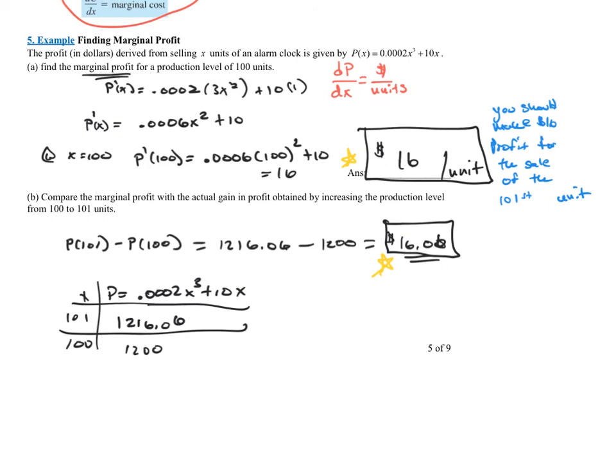The larger the change that you are estimating for, the worse the estimate is. When we're using marginals, we're using estimates really close. If we're estimating sales for a company, we might estimate sales for the next year or the next month or the next week, but we're certainly not going to estimate sales for the next decade or the next 100 years or anything like that.